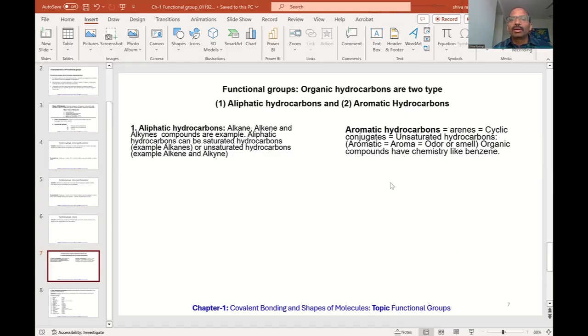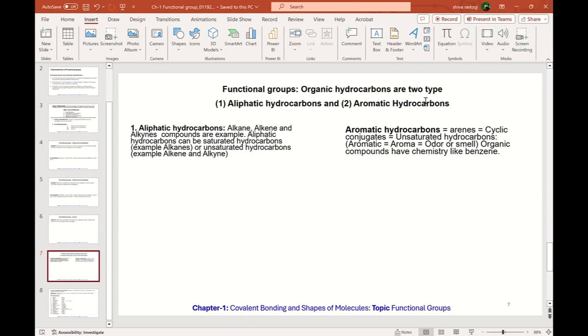Let's just talk about something more important about the hydrocarbons. There is one more important class of hydrocarbon. Organic hydrocarbons are basically divided into 2 types: aliphatic hydrocarbon and aromatic hydrocarbon.